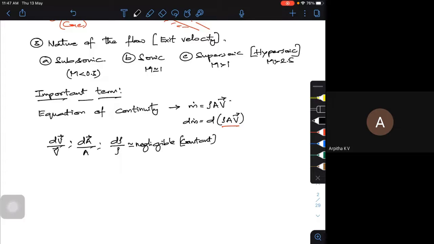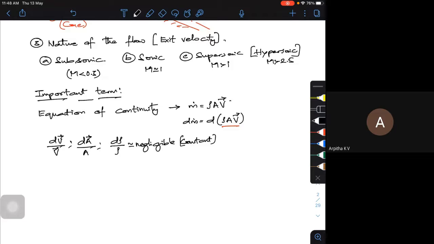In steam turbines we expand the steam at superheated condition, and at the exit of the nozzle it will still be in superheated condition, so changes in the density will be very negligible. Okay, fine.